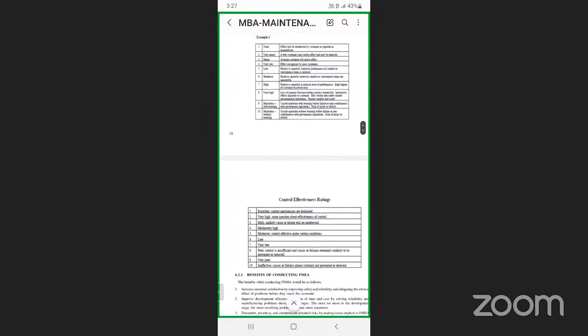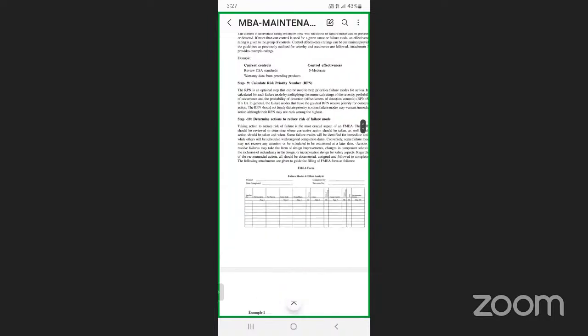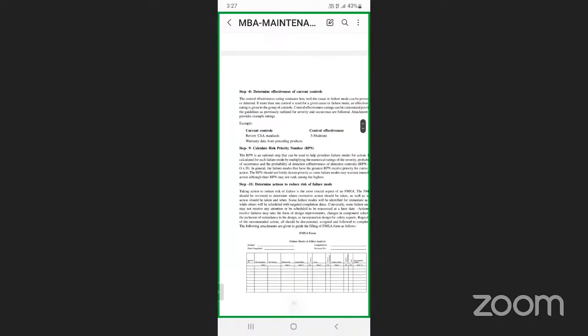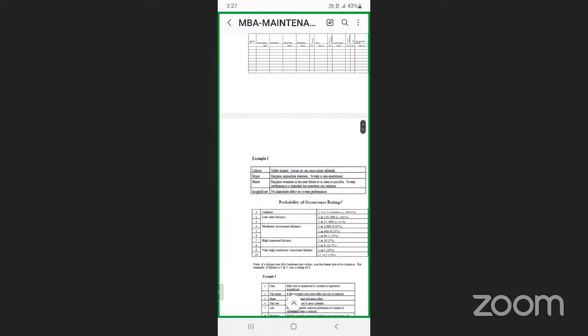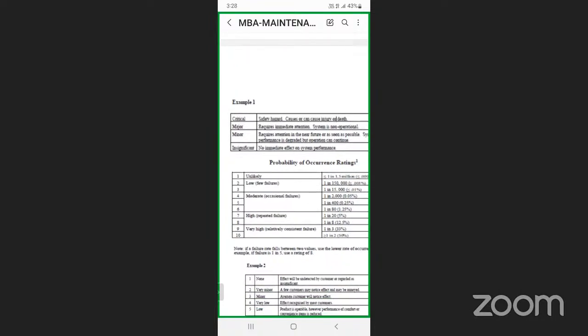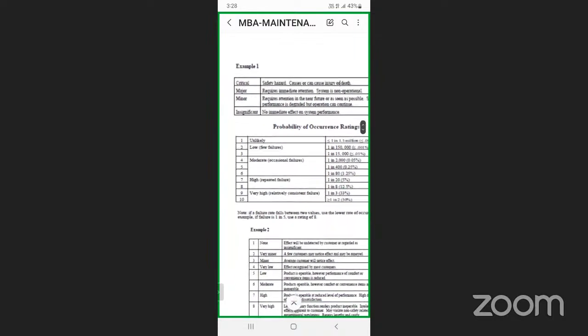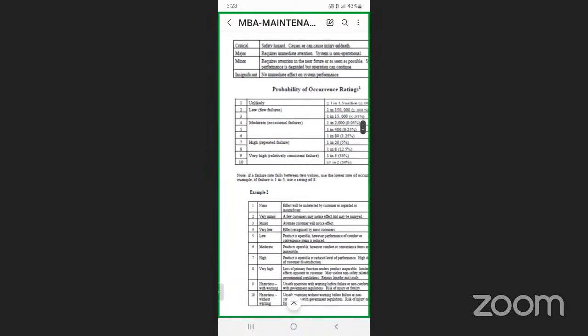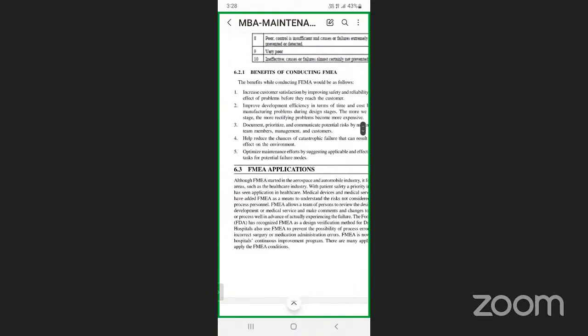Control mechanism has to be there, because there are many stages where human intervention is involved, right? So there, if someone says that this effect is not critical, then we really can't help it. Okay, so here the probabilities of occurrence are found out: occasional failures, repeated failures, or relatively consistent failures. Based on the frequency of failures, we assign some probability values. Okay, so you can go through this, you can see the applications also.